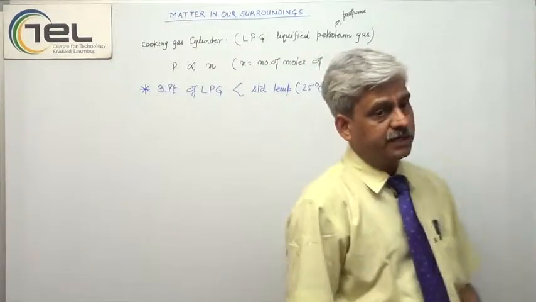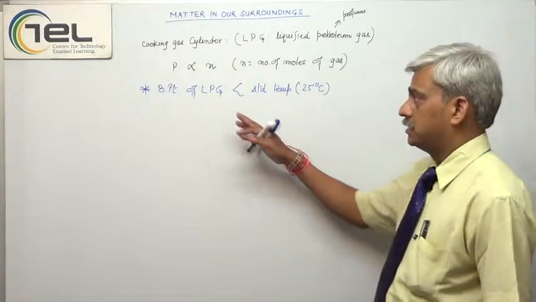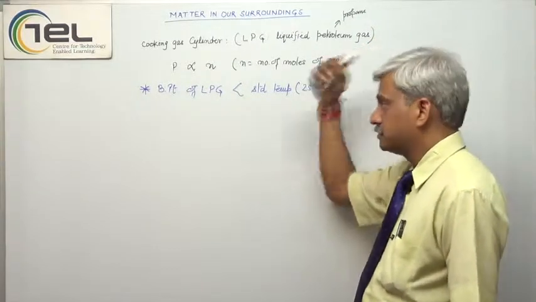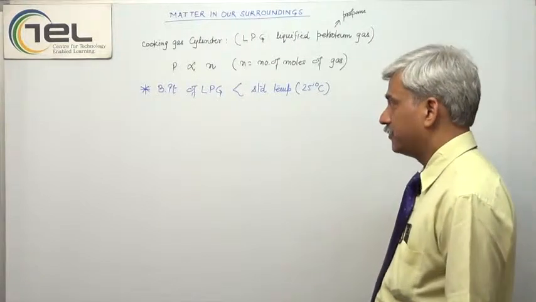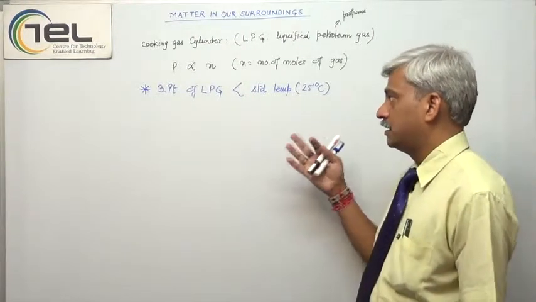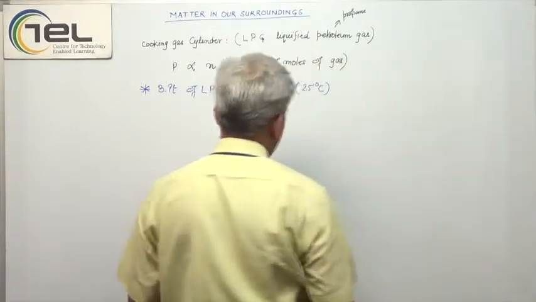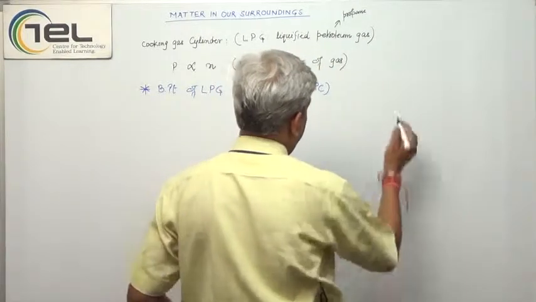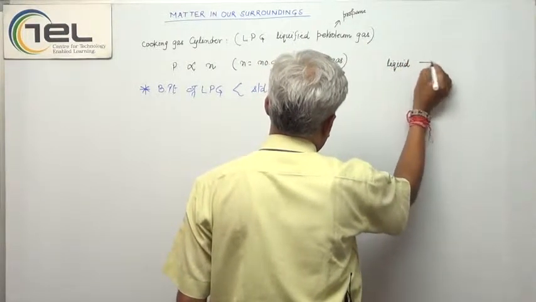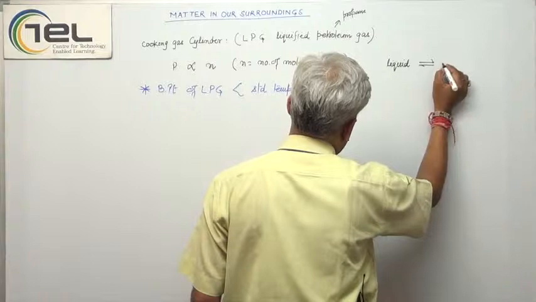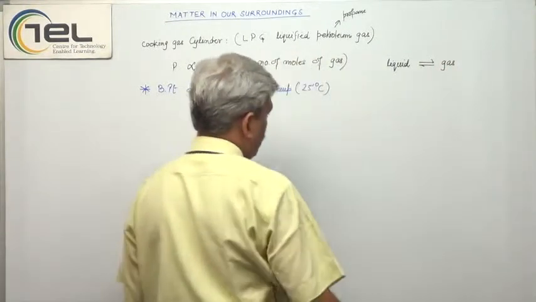Now, if the boiling point is less, that means the gas will be in equilibrium with the liquid state, because you know that at the boiling point, as I told you earlier, all the liquids exist in equilibrium with the gas.